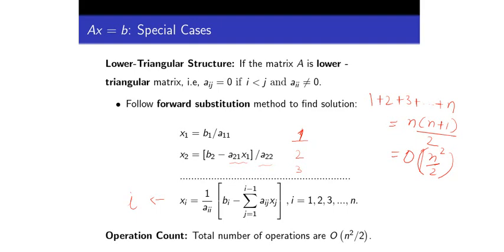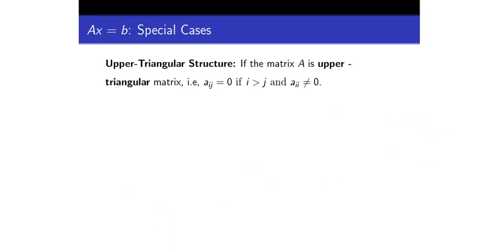Similarly, you can go with the upper triangular structure. If the matrix A is an upper triangular matrix, then you will go upward.